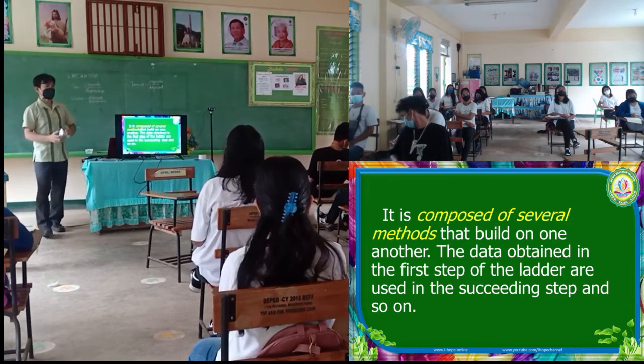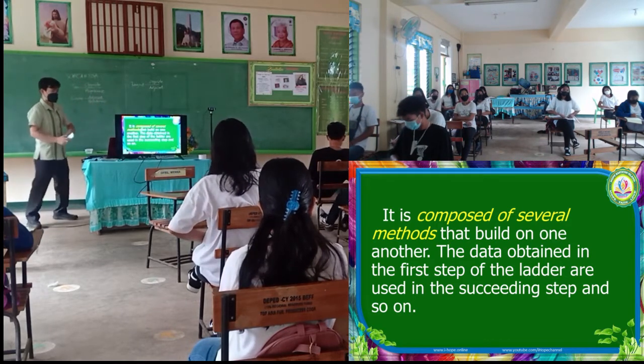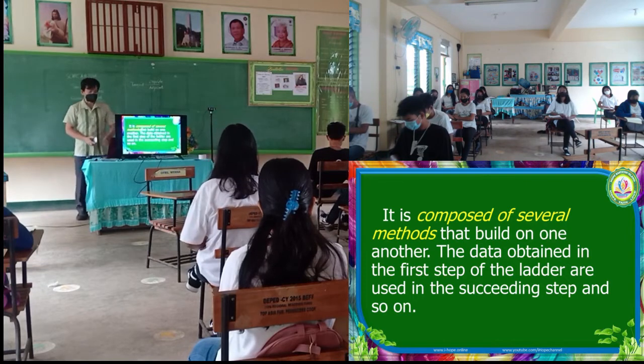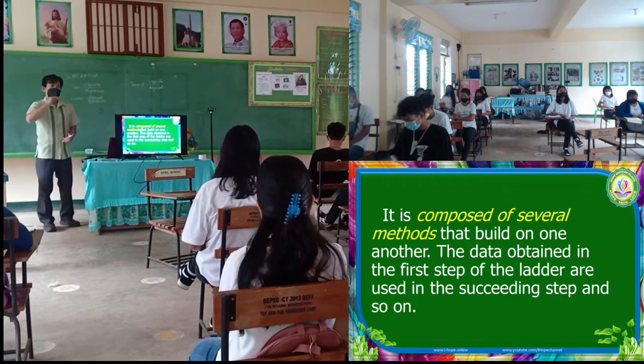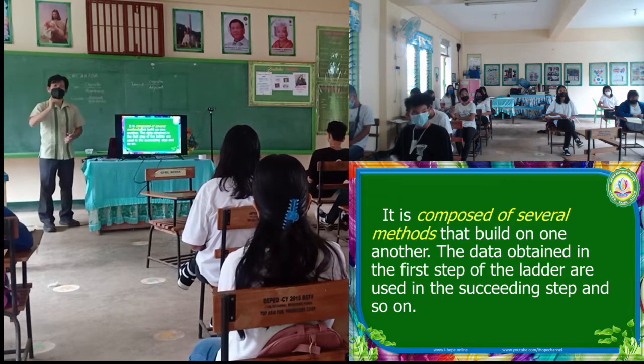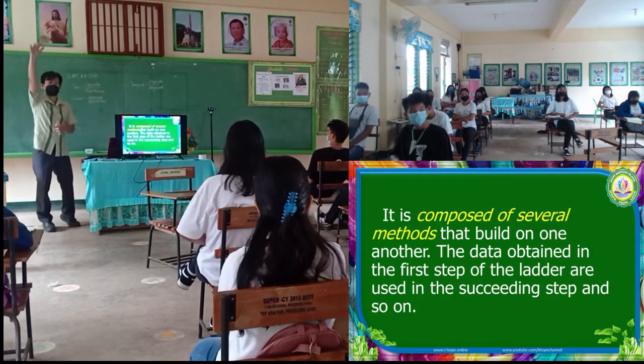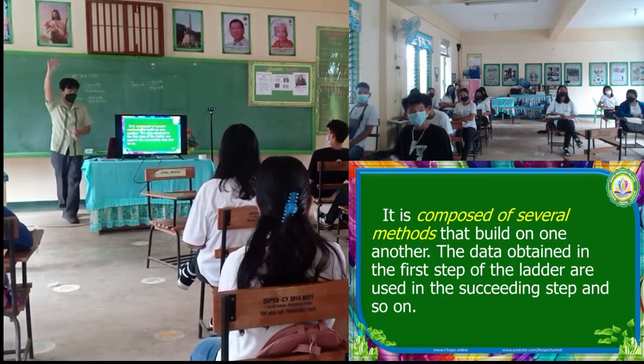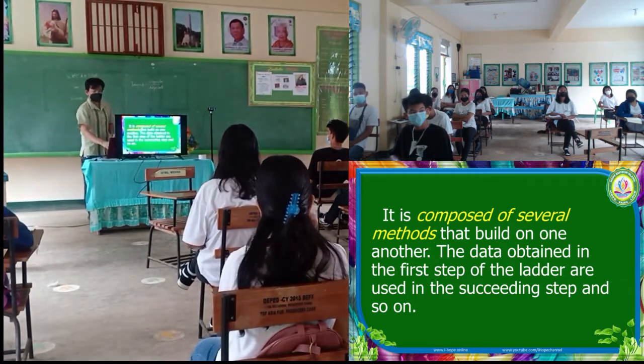Like a ladder, these methods cannot be separated. So there is one structure built on one another. Just like a ladder, we start with the first rung, the first step of the ladder, until we come to the topmost step of the ladder. So the same is the process in the cosmic distance ladder.